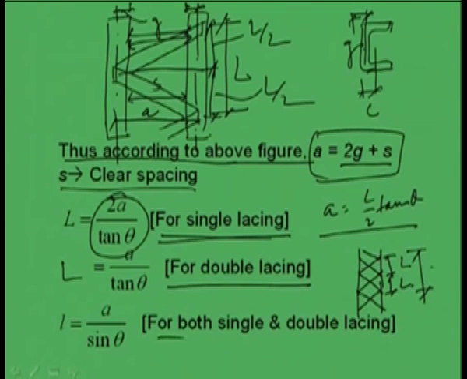And for both single and double lacing, the small l, the length, that means this one, will be A by sin theta, because this is theta. So, l is equal to A by sin theta.